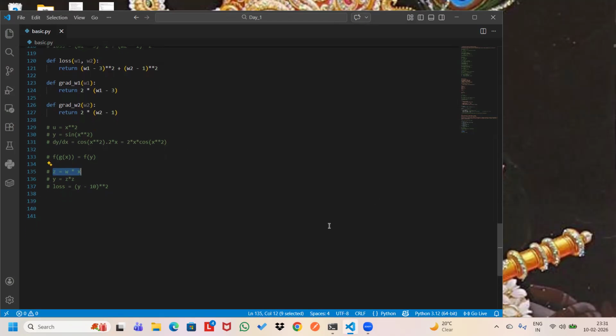The loss depends on y, because here you can only see y, and this y depends on z. If we differentiate y, then the answer would be with respect to z.